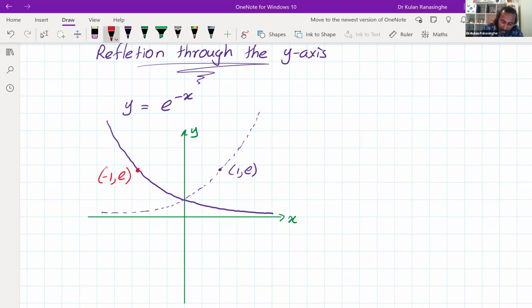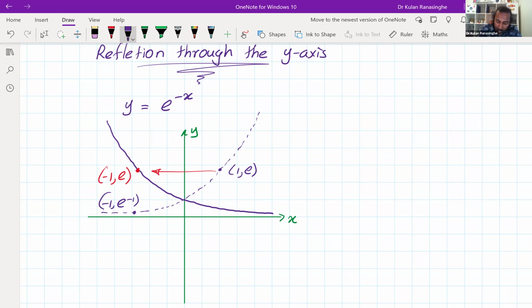That means the value being reflected to the other side through the y-axis, and the values in here, they've been reflected to that side. These ones reflected to that side. For example, if I had here, let's say, same height here, at negative 1, I had e to the negative 1.